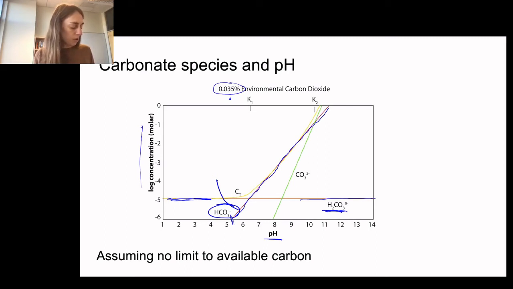As soon as we get to just below a pH of 8, we're going to further dissociate the bicarbonate and start creating carbonate. And that is just going to start increasing.